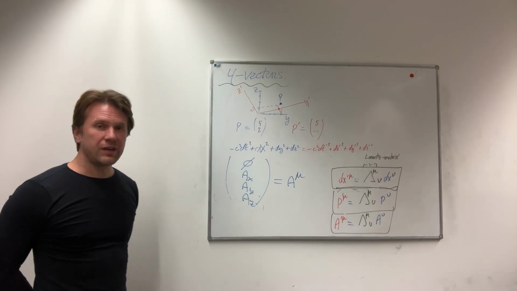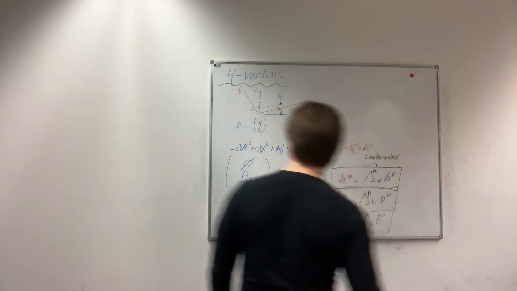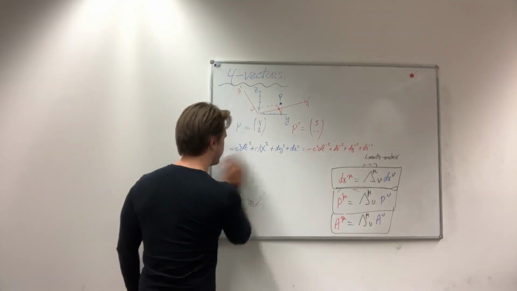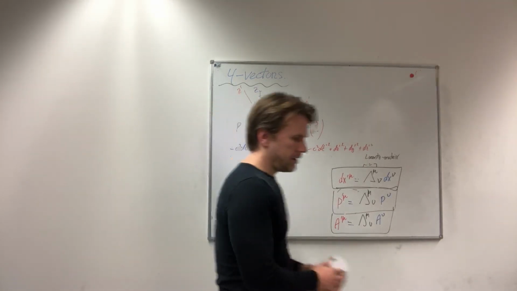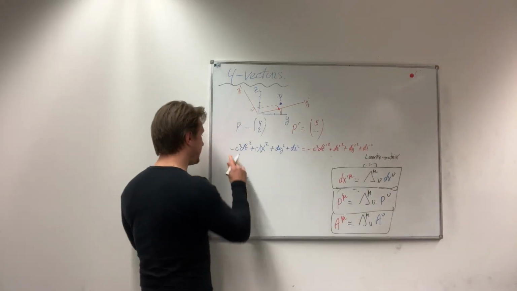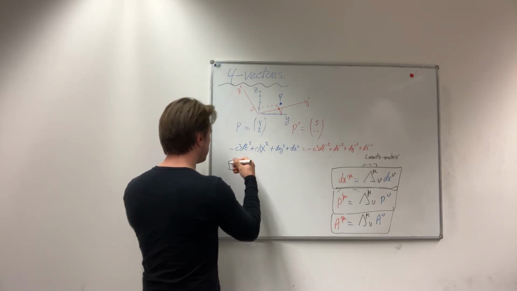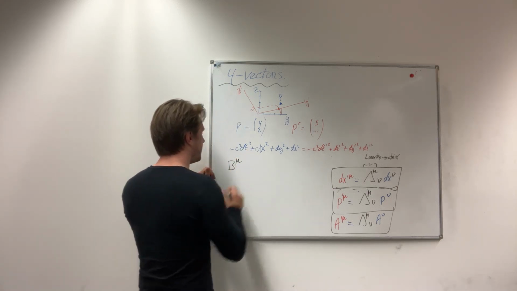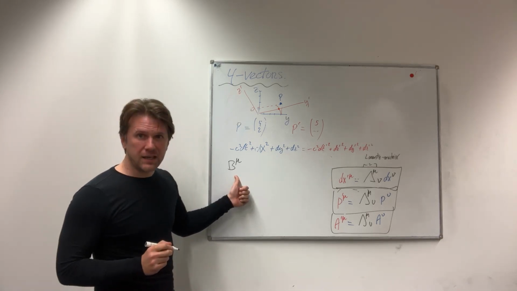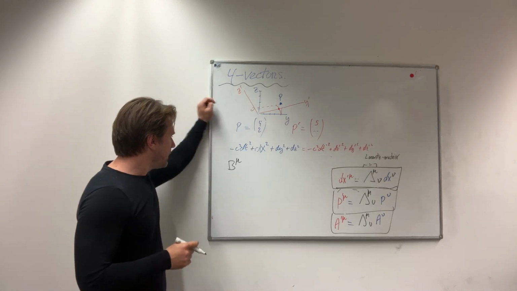To finalize, I will say one more thing, because you might see this very often in articles. Up until this point we have been writing our 4 vectors with an index up. So let's write down a 4 vector. I'm not specifying what it is. Let's call it 4 vector B with Greek index mu, so it's 4 numbers.